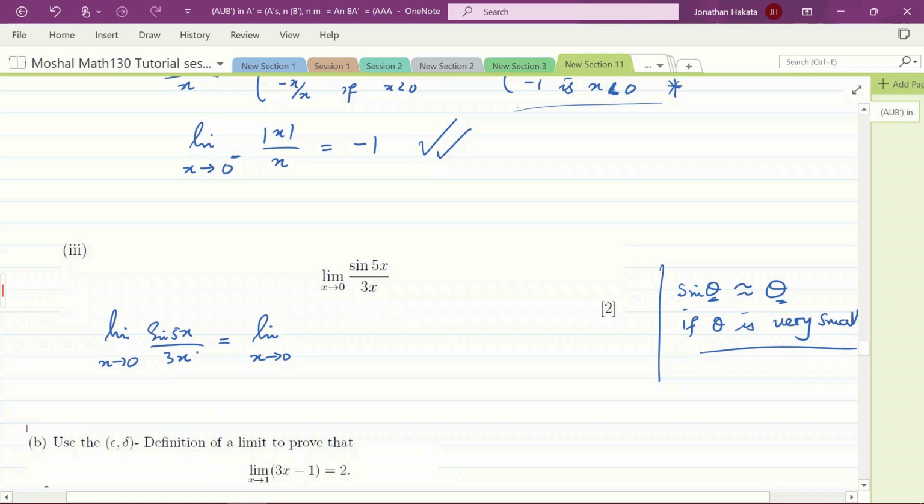So what do we do? We say sine 5x on top, but in the denominator we factor out a 3 over 5, and then we have 5x there. Now, we introduced this, but then we must cancel it out, right?